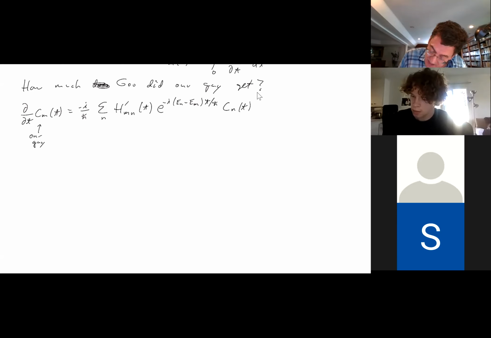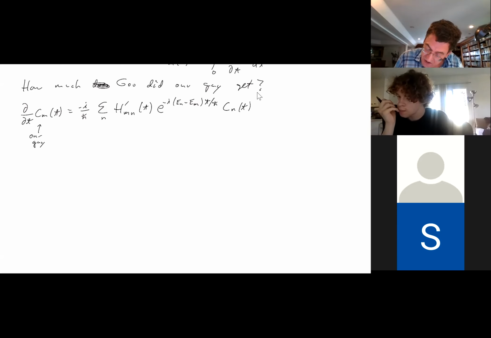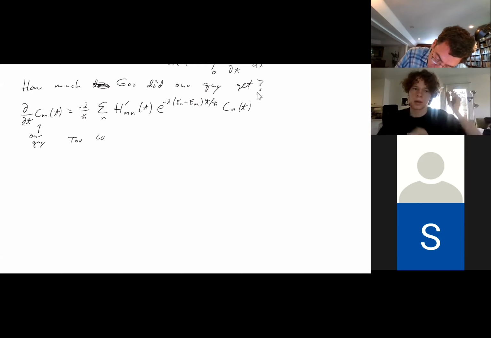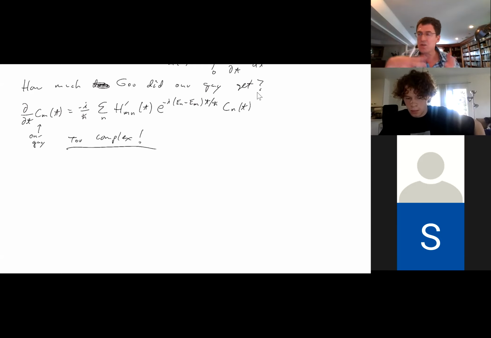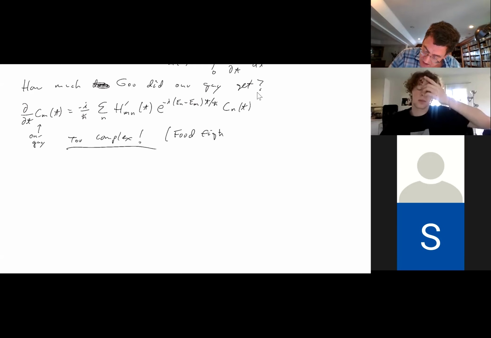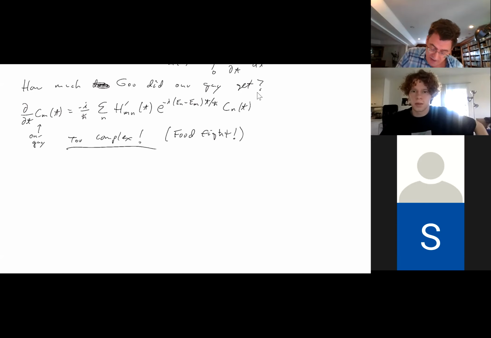So we want to integrate this equation, but it's too complicated. It's too messy. The green goo is flying. It's a food fight. Too complicated. So we have to simplify.